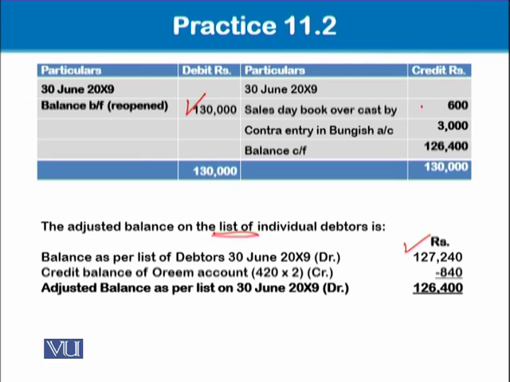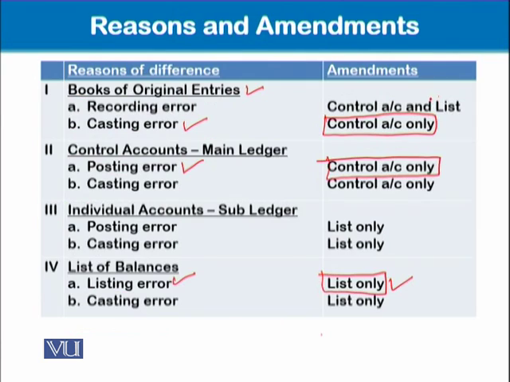So this 600 will be credited in the debtors control account. Once again, whenever there is an error in the casting of books of original entry, it affects the control account only.